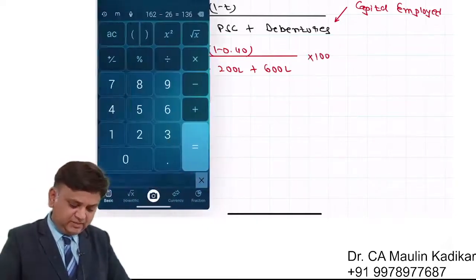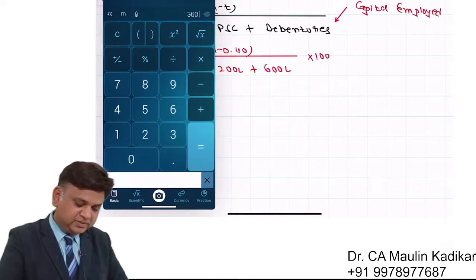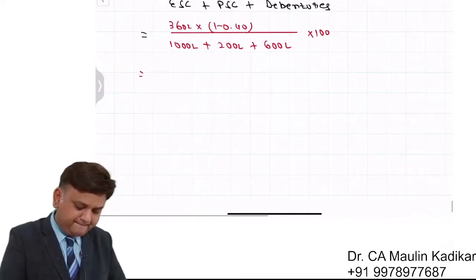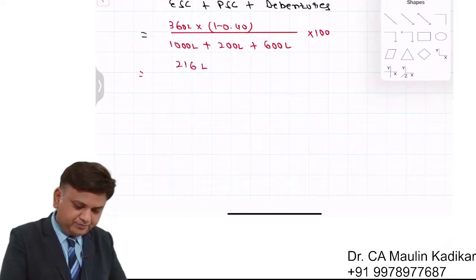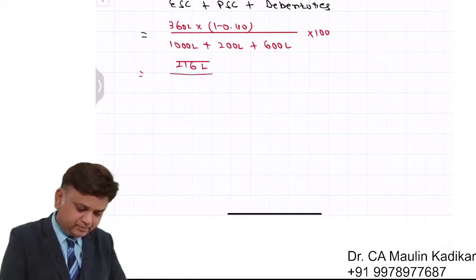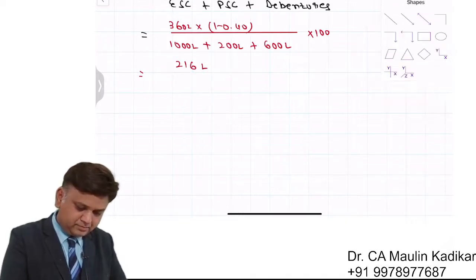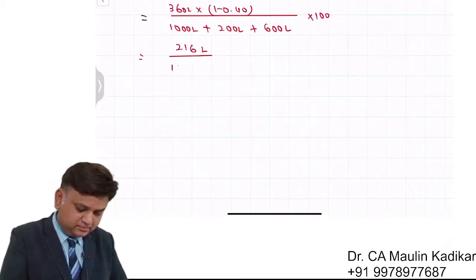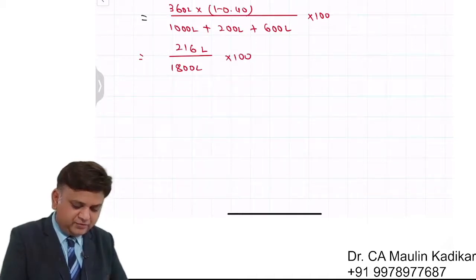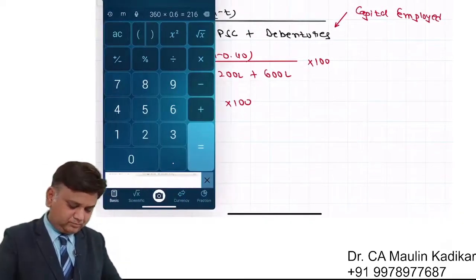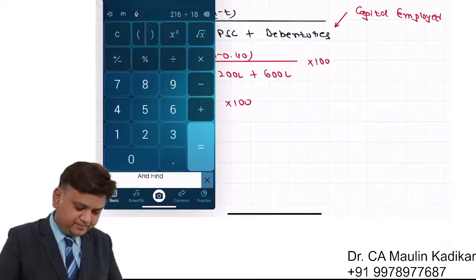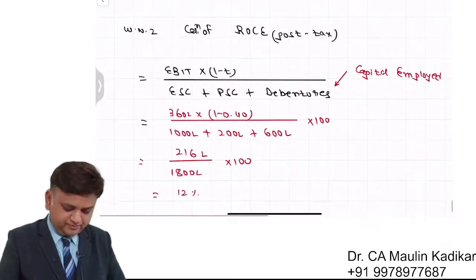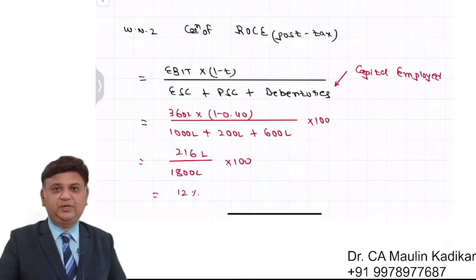So it is 360 into 1 minus 0.4, that is into 0.6, that is 216 lakhs divided by total of all of them is 1800 lakhs into 100 for getting answer in percentage term. 216 upon 18 into 100, that comes to 12%. Please write the answer, return on capital employed.